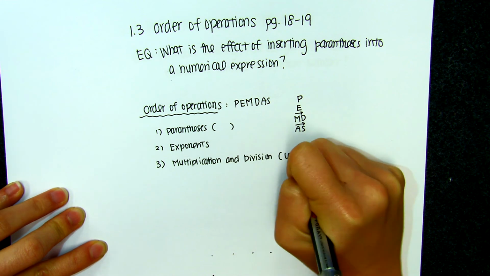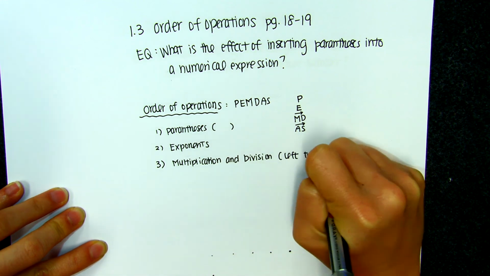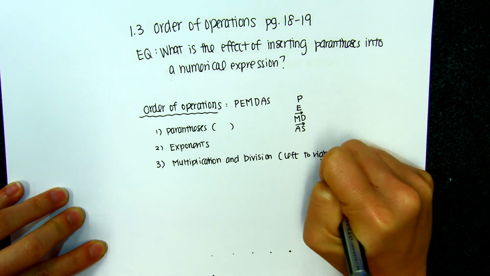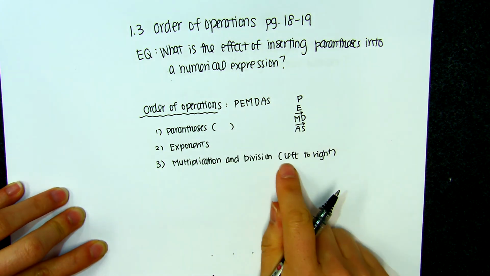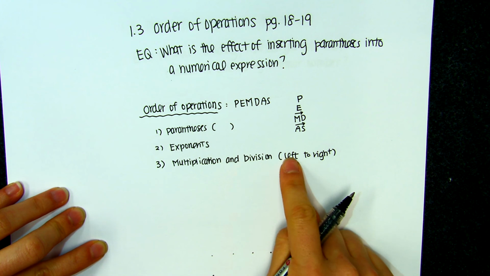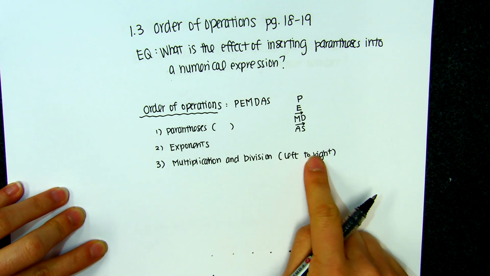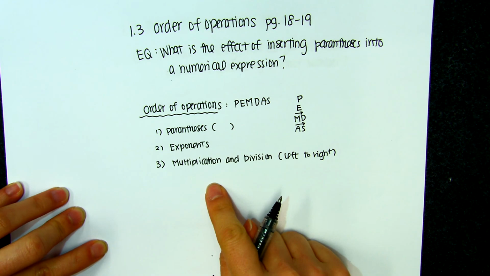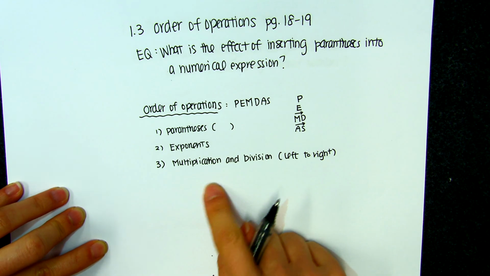And here's the reason why I like to write MD next to each other. Multiplication and division are the same level. Think of them as the same level, and it's whichever one comes first, left to right. So if you see division first as you're reading, then you actually do division first. You do not do multiplication first.